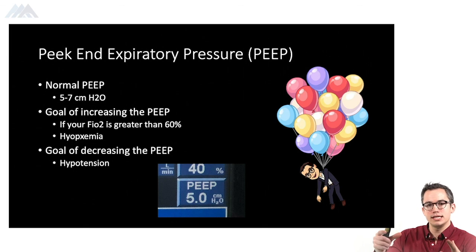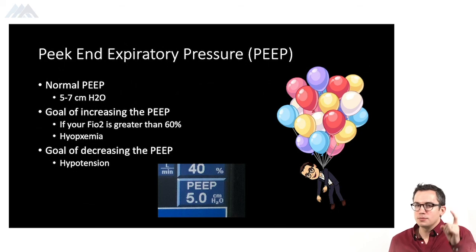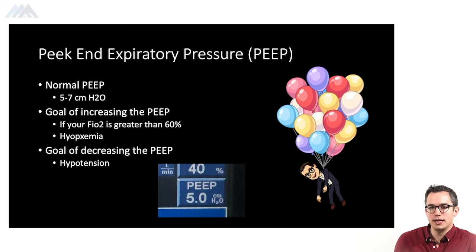We're externally doing that from the lungs by increasing our PEEP so much. So be very careful as you're increasing your patient's PEEP to what are the hemodynamic effects that it's having on our patients. Are they still maintaining an adequate blood pressure?